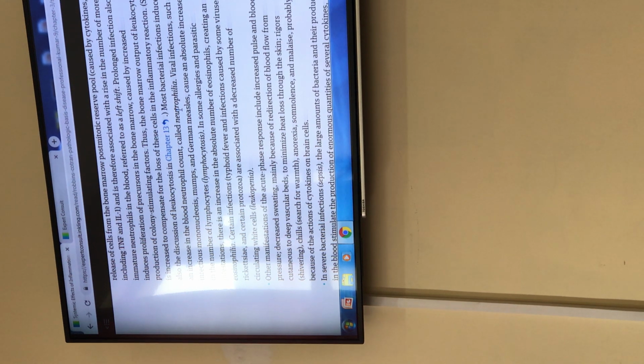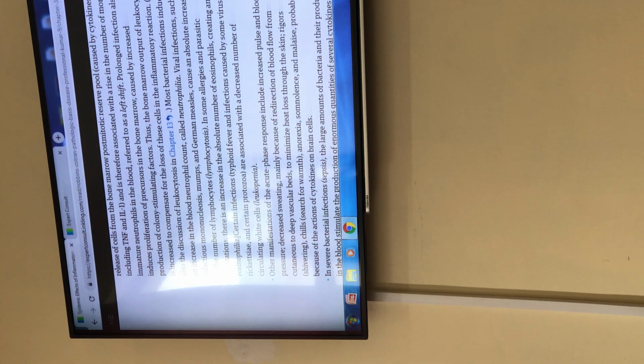So when neutrophils are increased in number, we call it neutrophilia. If the lymphocytes are increased in number, we call lymphocytosis. If eosinophils are increased in number, we say eosinophilia.